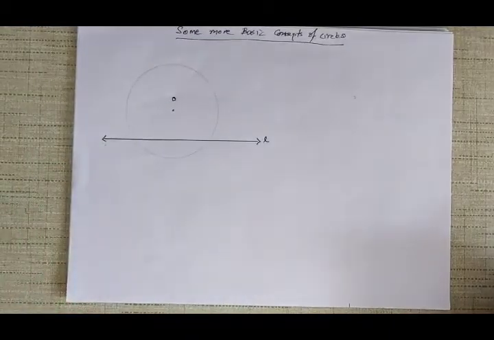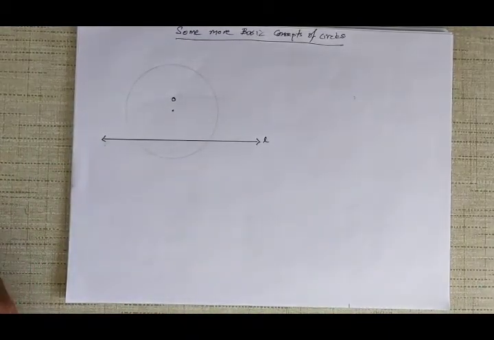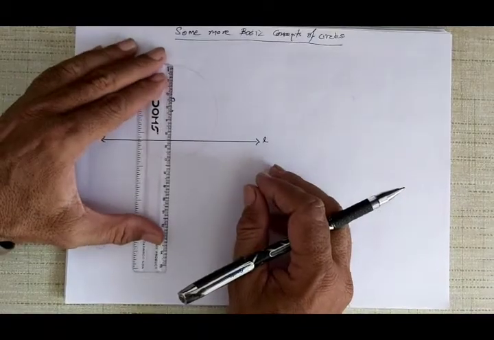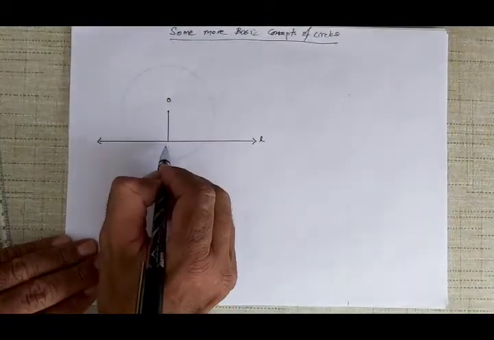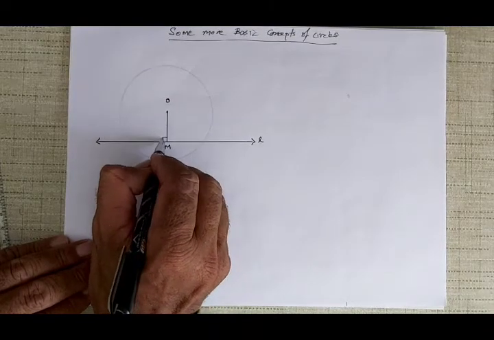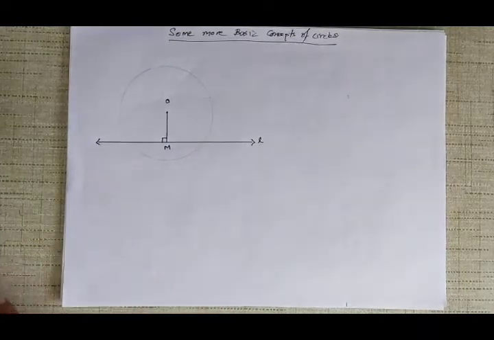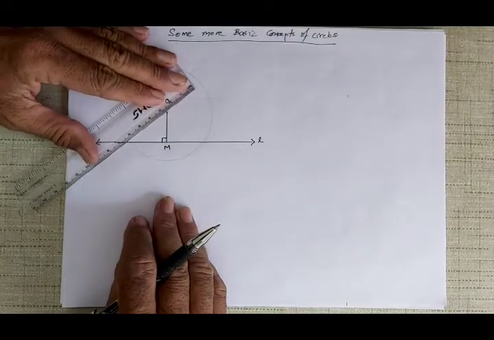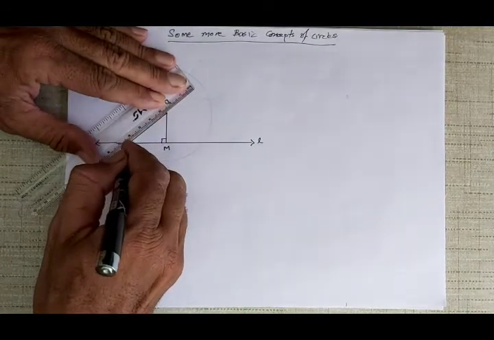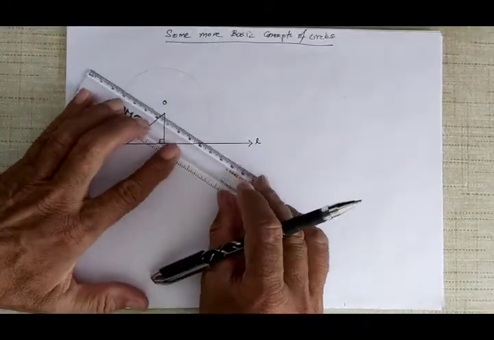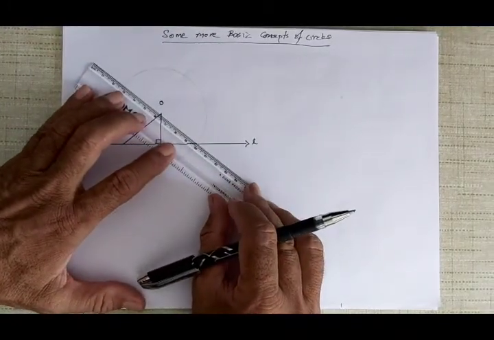Now if I draw, you see this distance is called the perpendicular distance, and this will obviously be the radius of the circle.